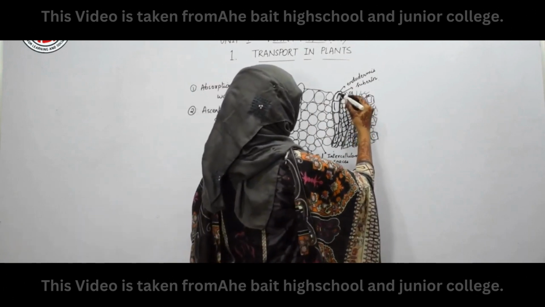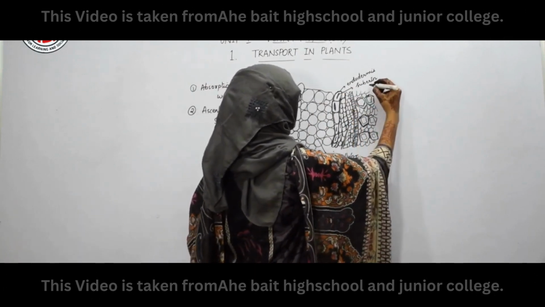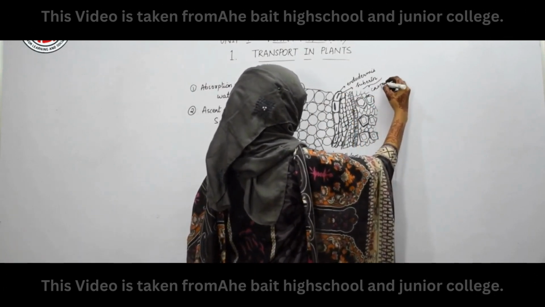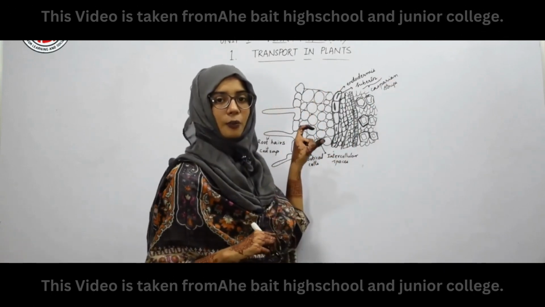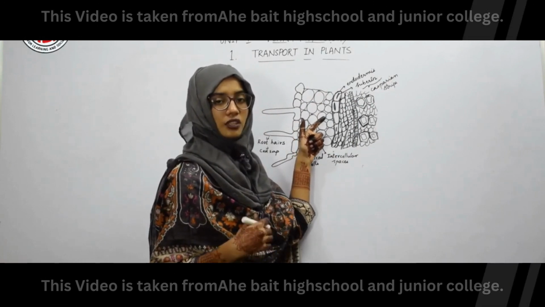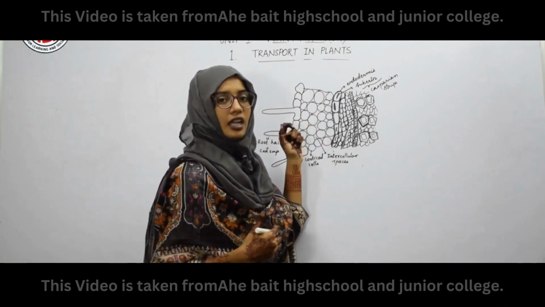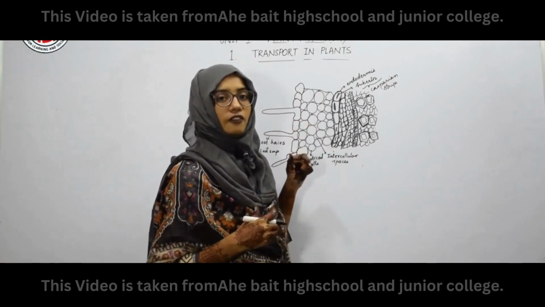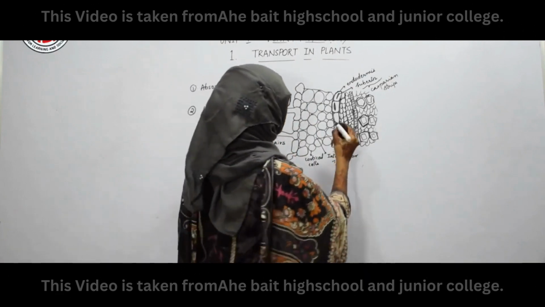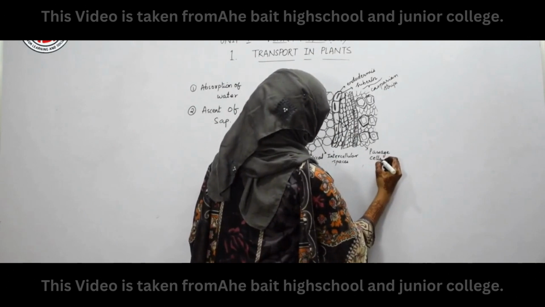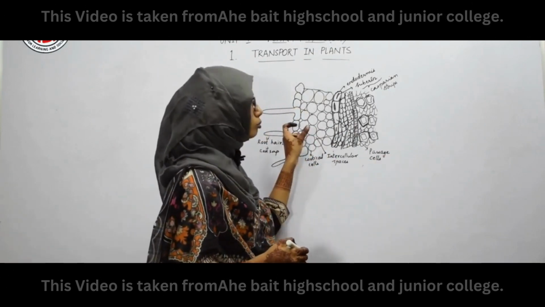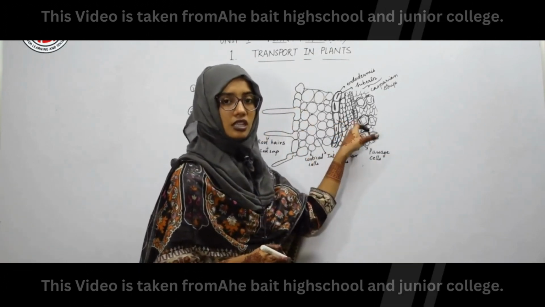And the layer of these thickened walls is termed the Casparian strips. In the endodermis, some cells are present without these thickenings, without the suberin, and the cells without these thickenings are termed passage cells. These passage cells act as a pathway for the movement of water towards the inner side.